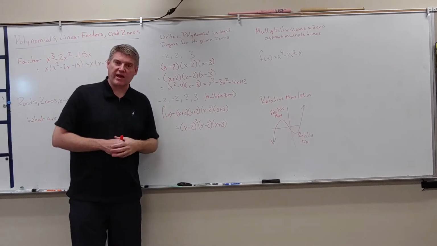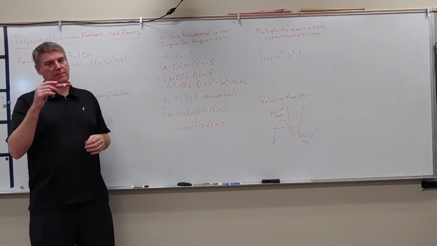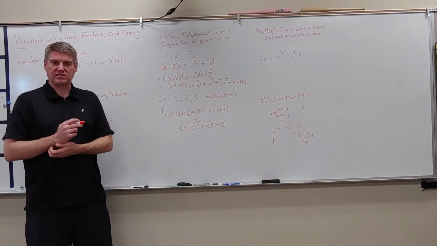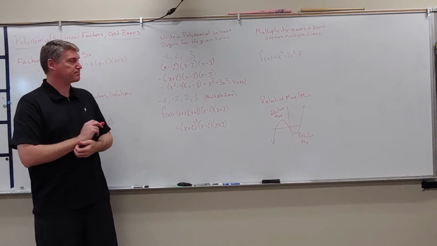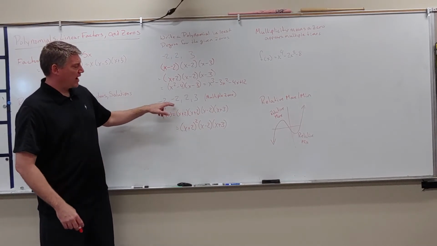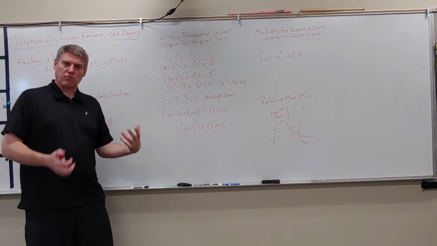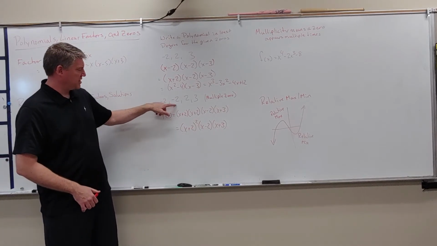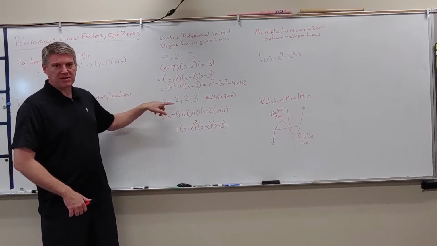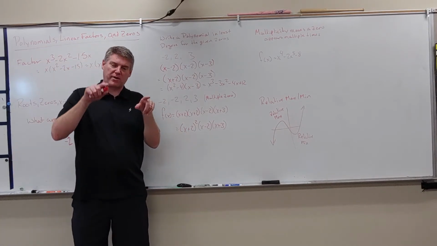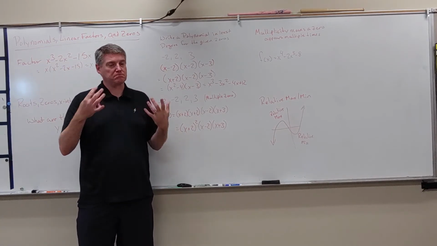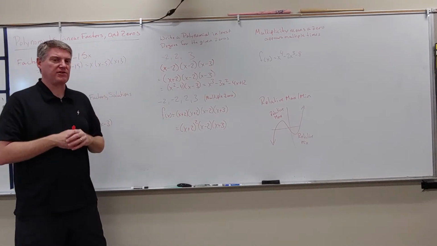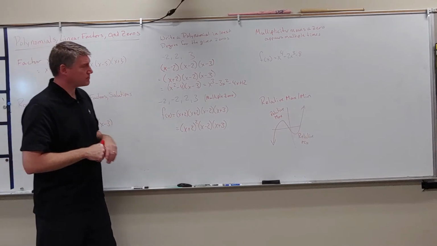If it's even, it's going to go up to the x-axis and bounce off of it. The higher the multiplicity is, the more it looks like that common function. This one had a multiplicity of 2, so as we come to negative 2, it's going to have more of a parabolic shape, just to give you an idea of what it looks like.